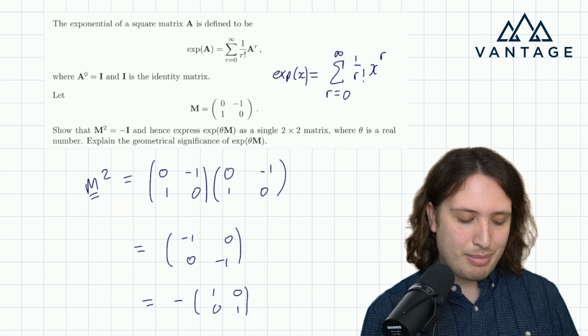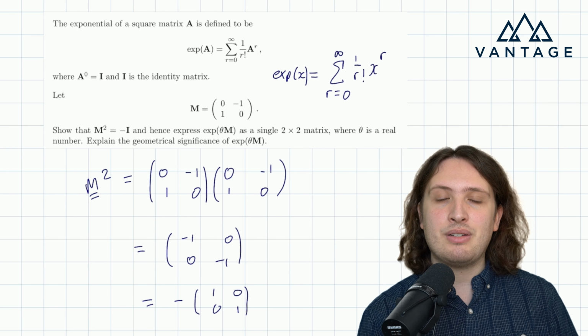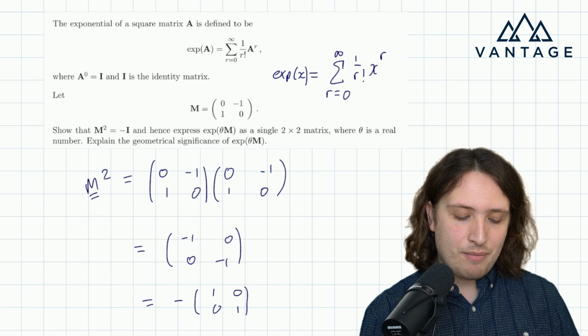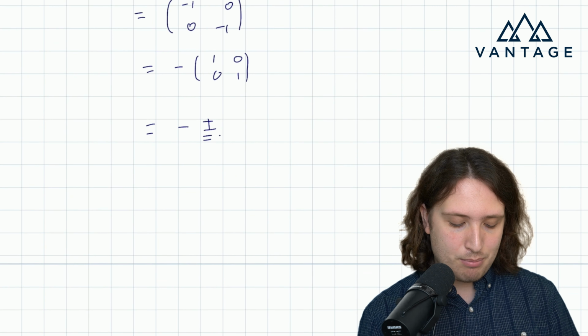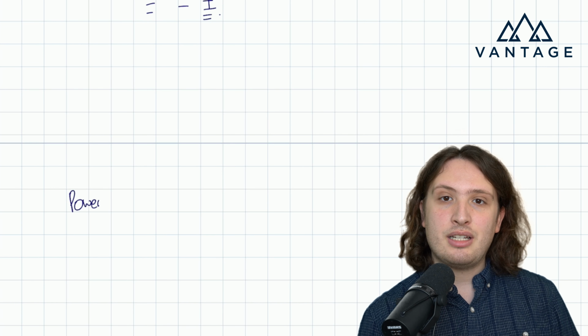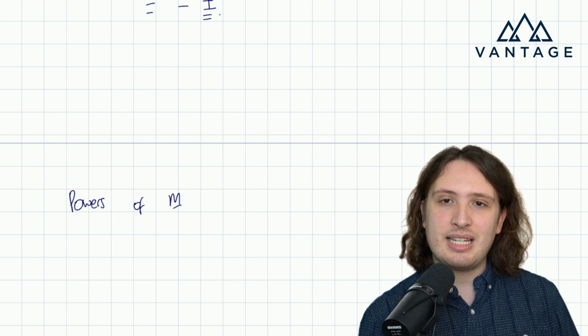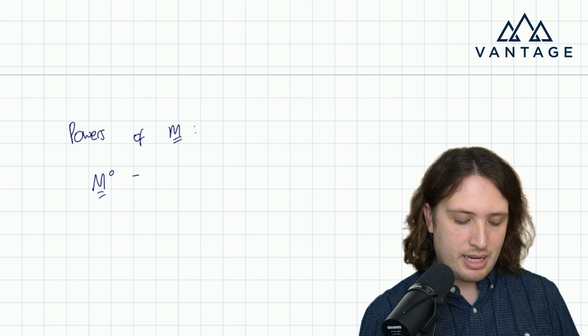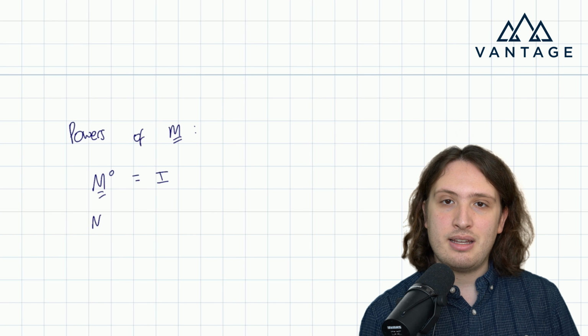Let's quickly think about what happens with the various powers of M. Given that we are going to add up infinitely many of them, presumably there will be a really simple pattern. So if we just consider, as a sort of preparatory exercise to get ready to take the exponential, the powers of M: M to the 0 is the identity.